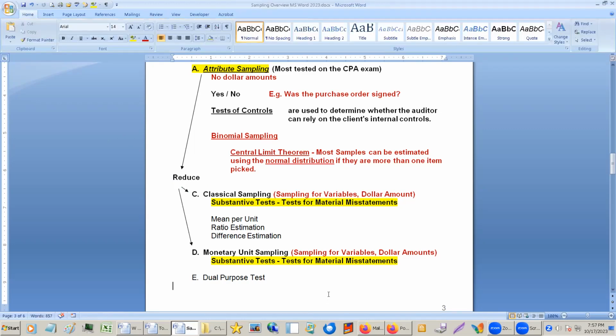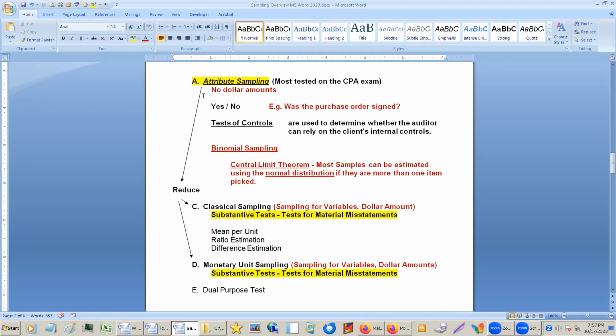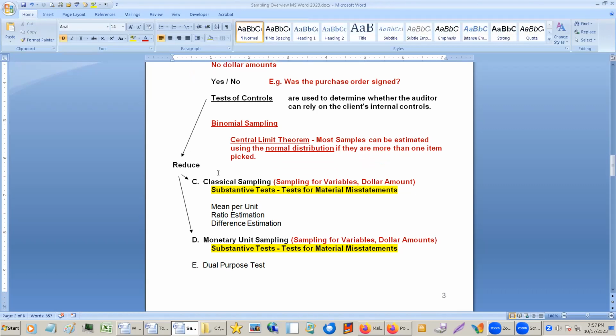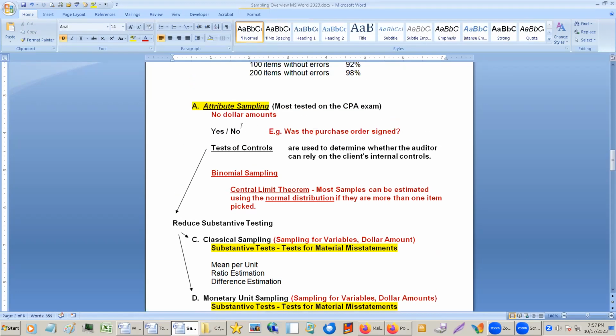So this is why you do the test of controls. It is attribute sampling, but let's do that. So test of controls reduce your substantive testing.